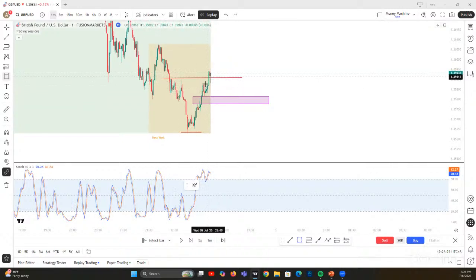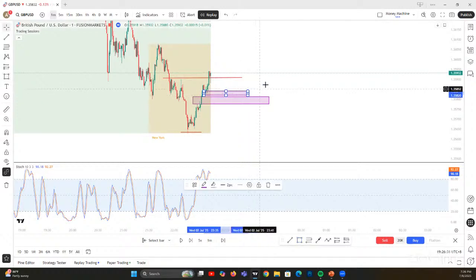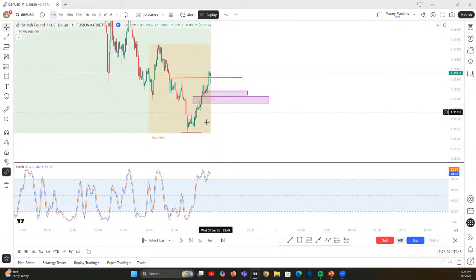So this was the leg that made the change of character, and this should be your order block, just like so. Now we expect a pullback on this, either on this FVG or in this order block. Let's see.